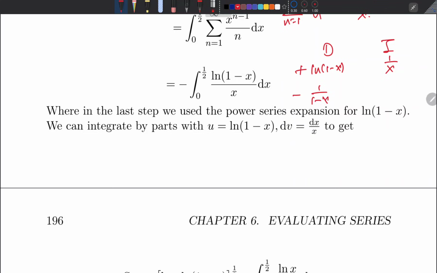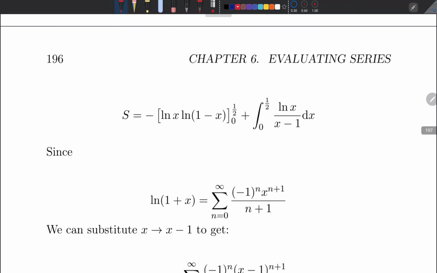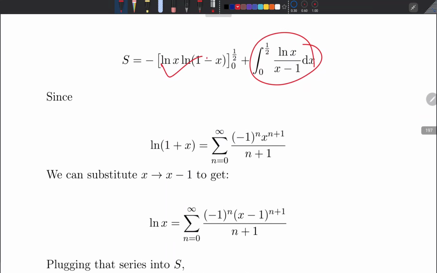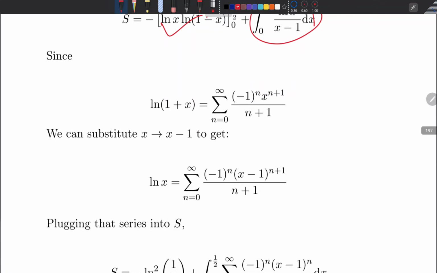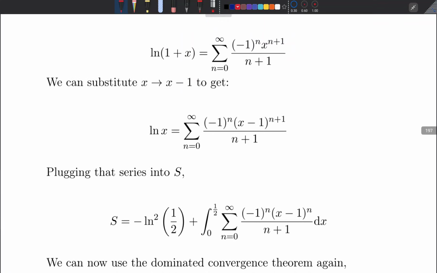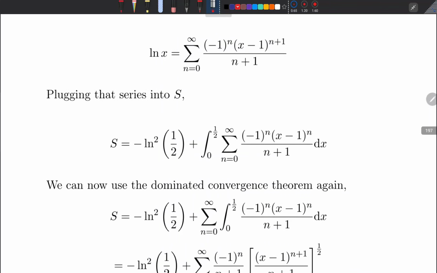So it's 1 over 1 minus x, and it's natural logarithm of x. Just take a look at this. This is how it's going to work, and we are here. And now again we are going to invoke an infinite sum using this very part that we have proved earlier, right?